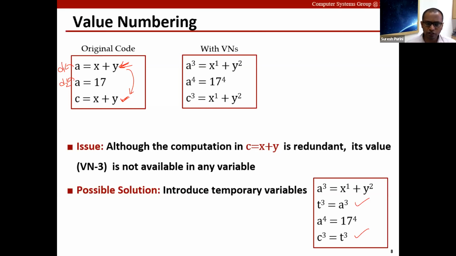So this is one possible approach. We don't want the value that is being computed to be destroyed. So we copy it to a compiler generated temporary variable, so that value can be reused later. This is one approach, but it is not quite an elegant approach.